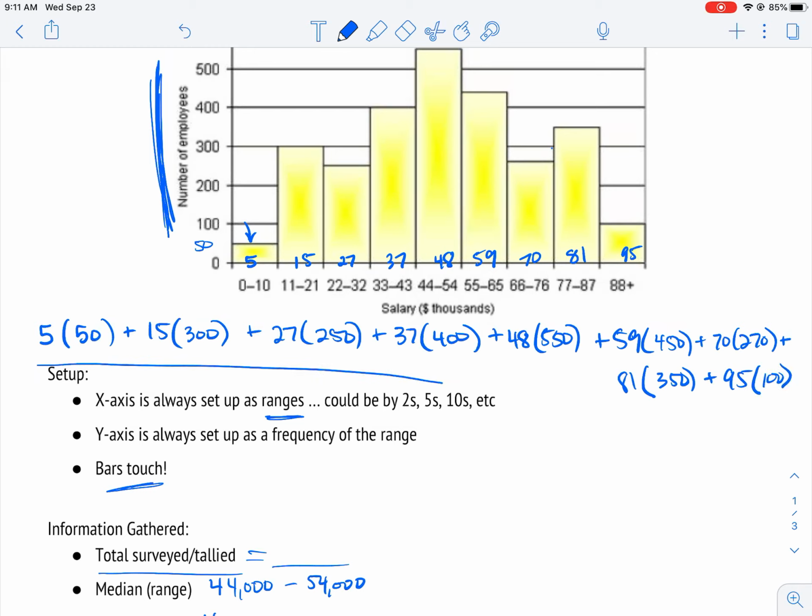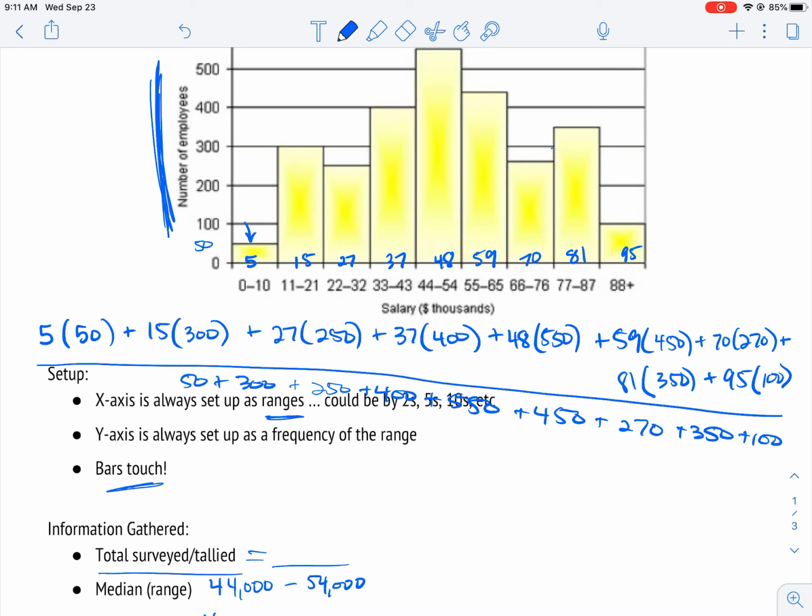And then remember that you have to divide that by 50 plus 300 plus 250 plus 400 plus 550, 450. You have to add all those together. I promise the examples I give you aren't as big. I don't know why I picked this now that I look at it. But this would give you an idea of a mean, okay?